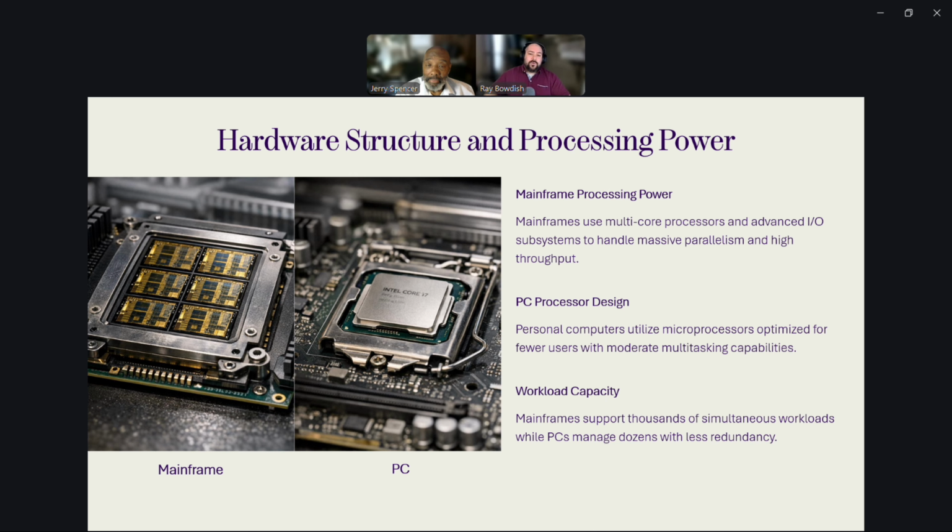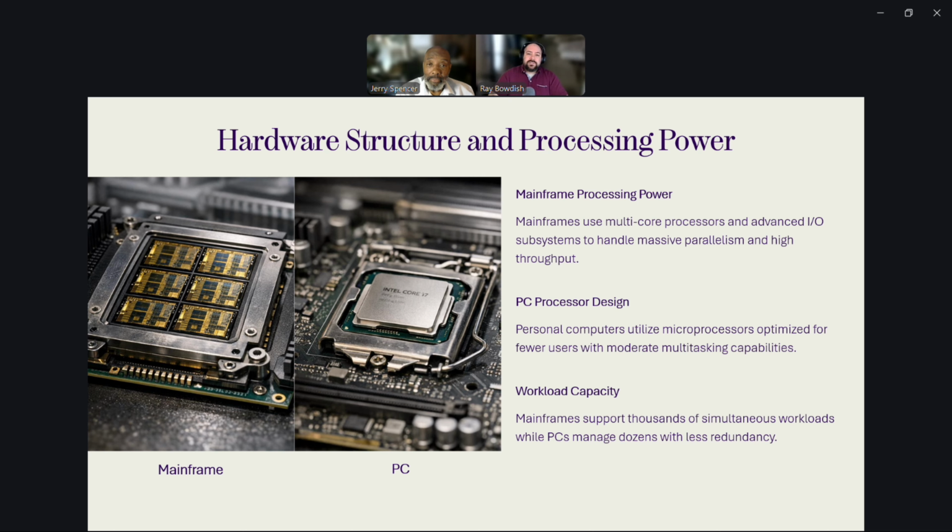It has lots of CPU drawers, which have multiple CPU cores, working in conjunction with specialty IO cards so that you can get a lot of parallel throughput and processing.